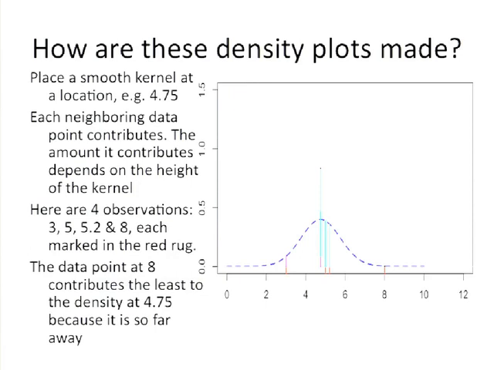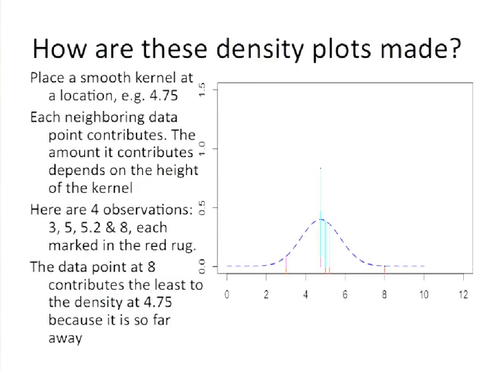That's what we're doing here: for every place where I'm going to come up with a point on my curve, I move this little kernel along, and I see the value of the kernel at each of my observations. When I'm really far away from where I'm doing my estimate, I don't contribute at all to the density.